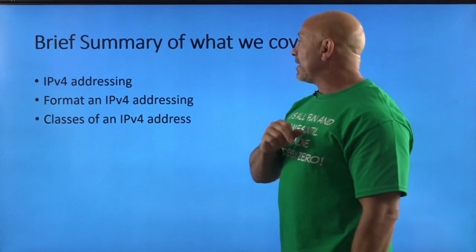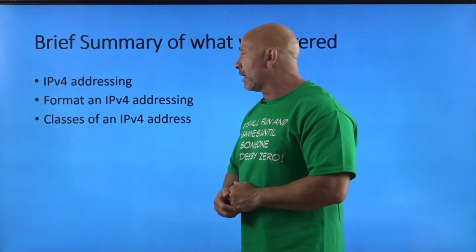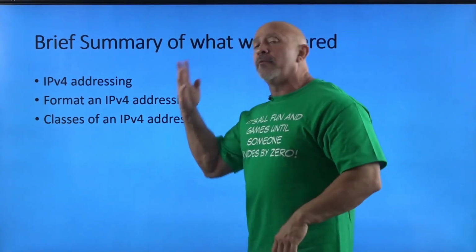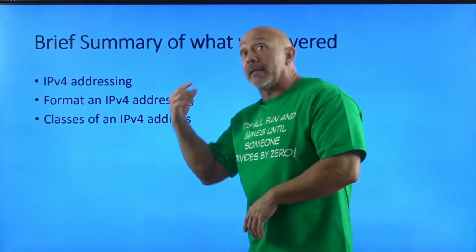All right, welcome to the summary of this particular lecture, but do not think that we're done with IPv4. Not at all. In this section, we discussed the basics of IPv4 addressing, its format: the 32 bits, 4 octets, each one 8 bits due to the fact that it's an octet.